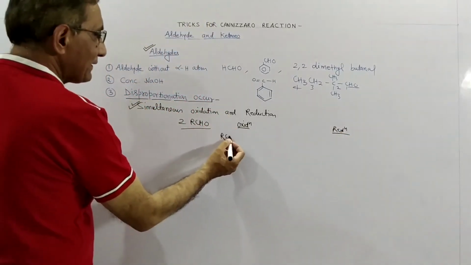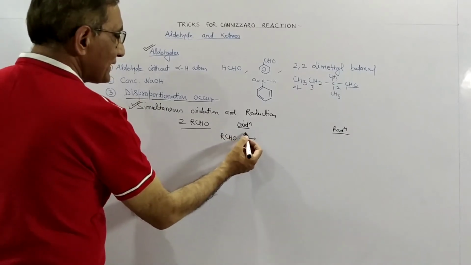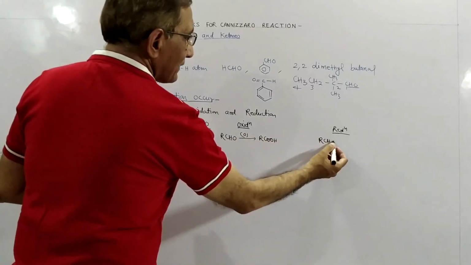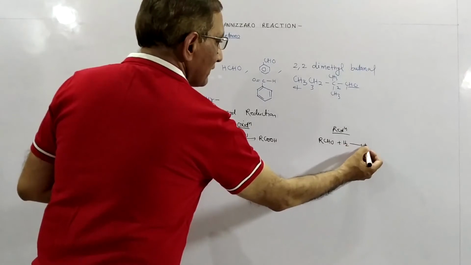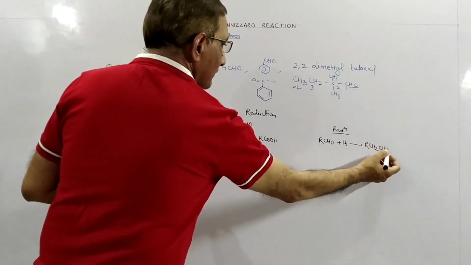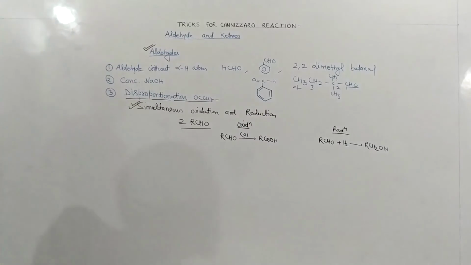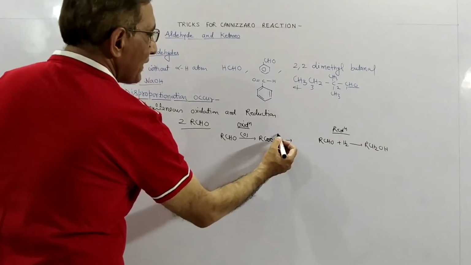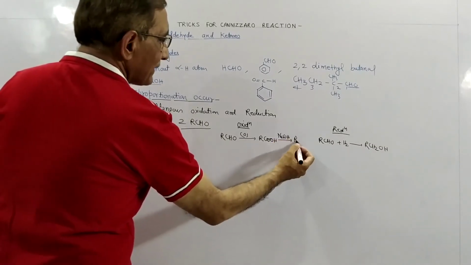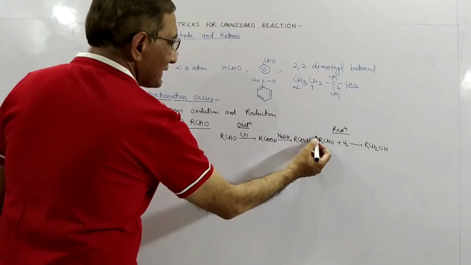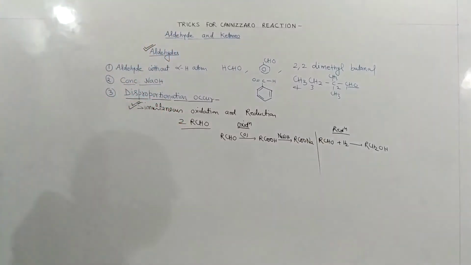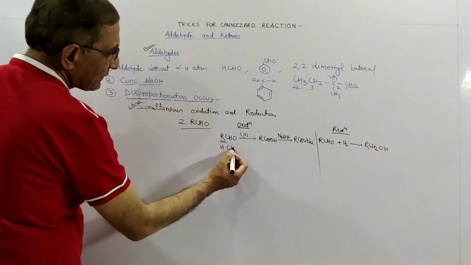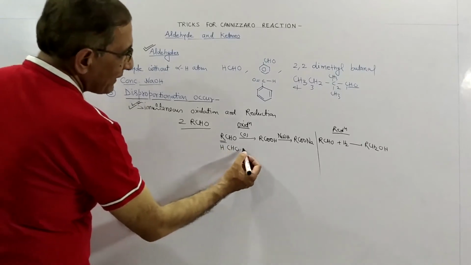We have an aldehyde. When it undergoes oxidation, we get a carboxylic acid. When this aldehyde undergoes reduction, students, we get a primary alcohol. And since we have taken concentrated NaOH here, this acid will immediately convert into its sodium salt. It means we can write RCOONa. Now we will take some examples here, students. If this R is H, then it becomes formaldehyde.